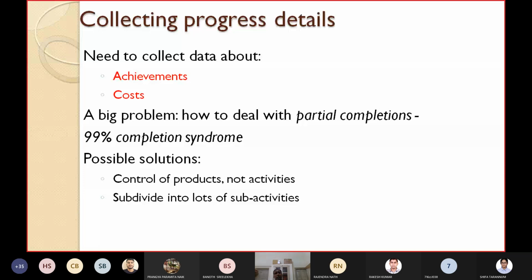Then we will come to partial completion reporting and how it can be handled. Let's see it in detail.